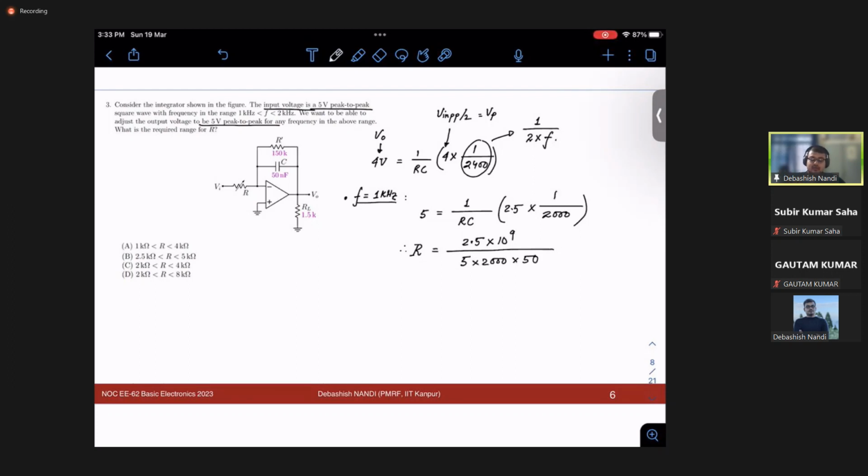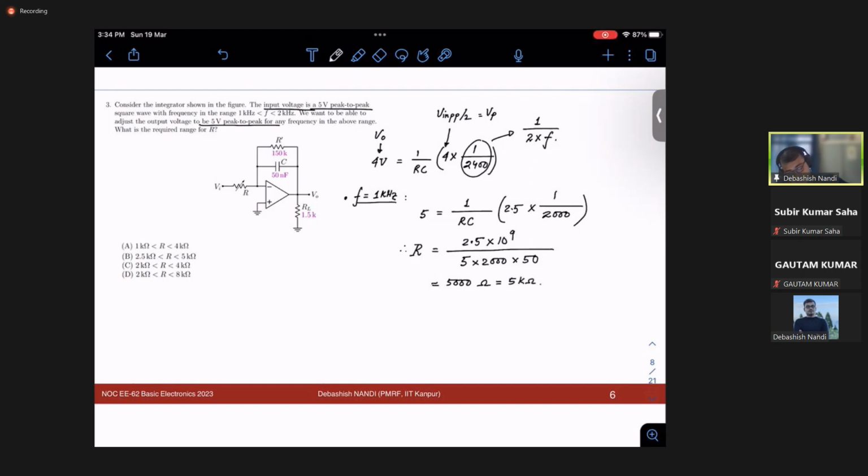This 10 to the power 9 I have taken from 50 nanofarad, that nano part on the numerator side. So you will have this divided by 5 divided by 2000 divided by 50. So you have 5000, right? Or 5K.